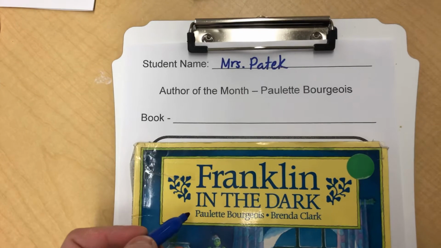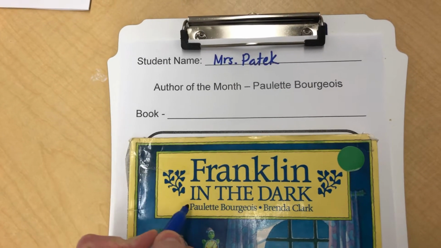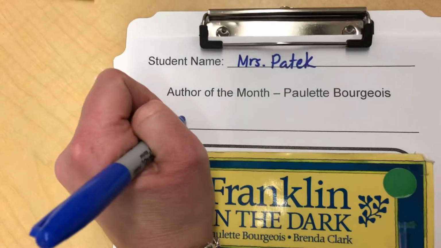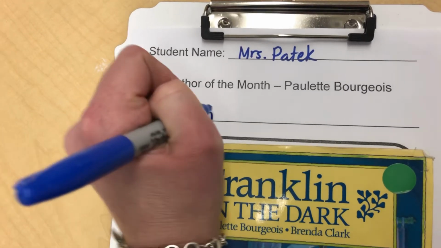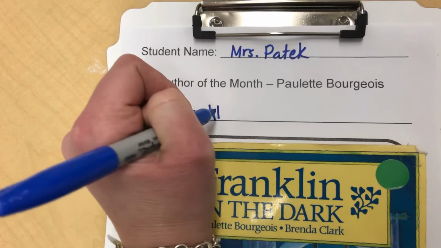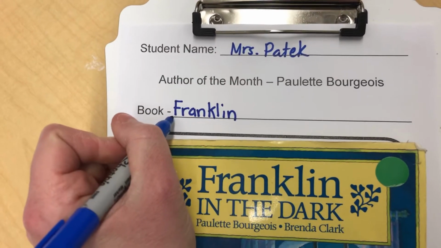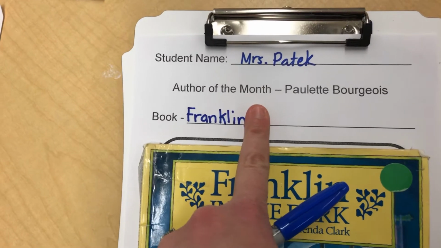Usually the title of a book, the first letters are always uppercase. Here, all these are uppercase, but we're going to do it this way. Watch how I do it. So Franklin, F-R-A-N-K-L-I-N. Okay, so remember, big F, rest is lowercase. You're going to leave a space. If you have to use a finger, that's great.